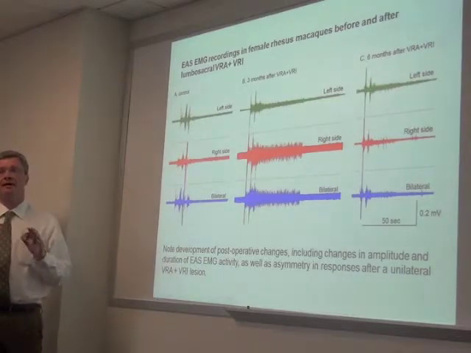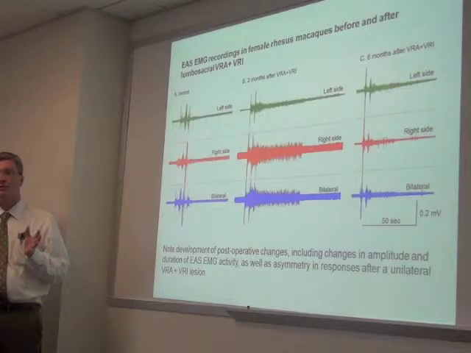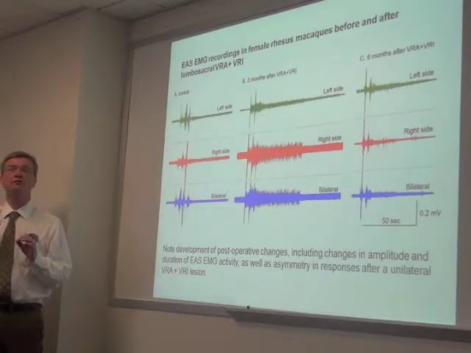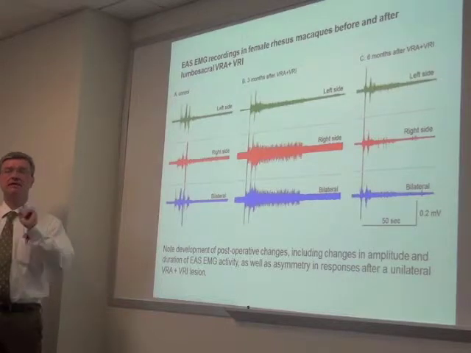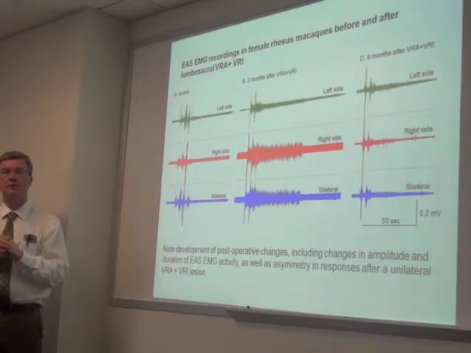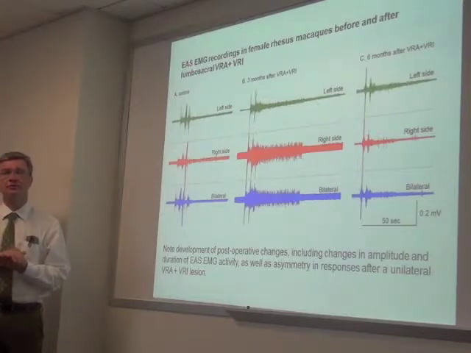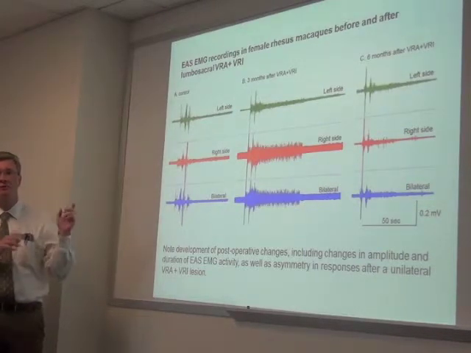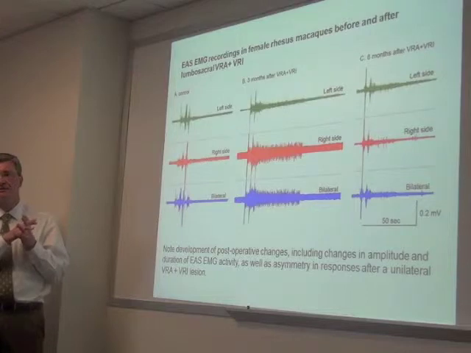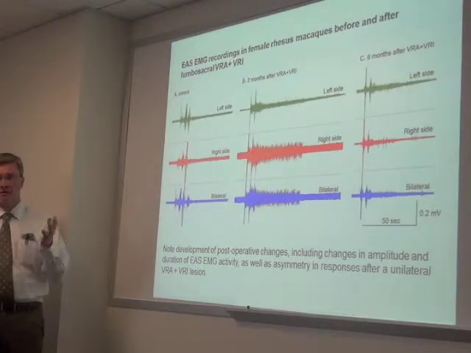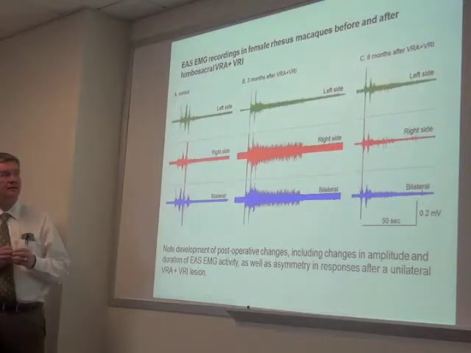So you may have what's called larger motor units, meaning a motor neuron, a nerve cell, can actually innervate more muscle fibers than before. And when that happens, you can have a change in the amplitude. So there are different properties of the EMG signals that may change as a result of how many fibers they innervate and the complexity of the connectivities and so forth.